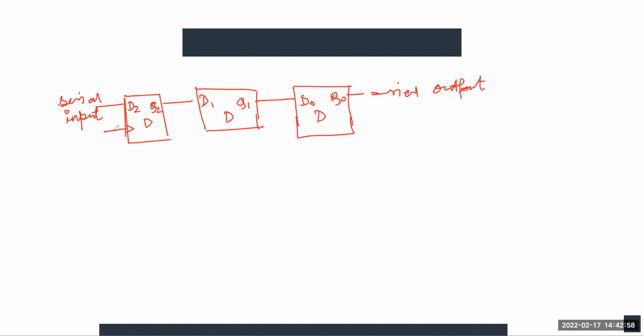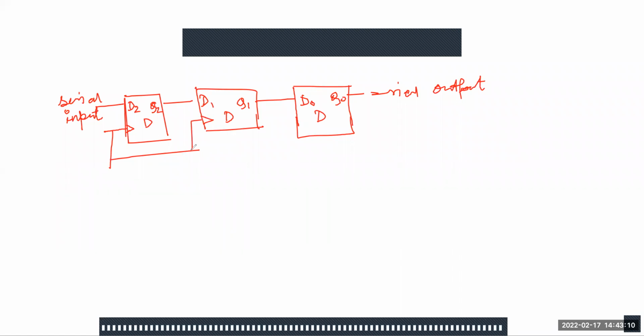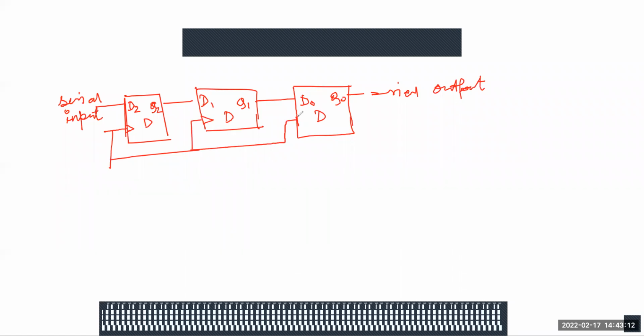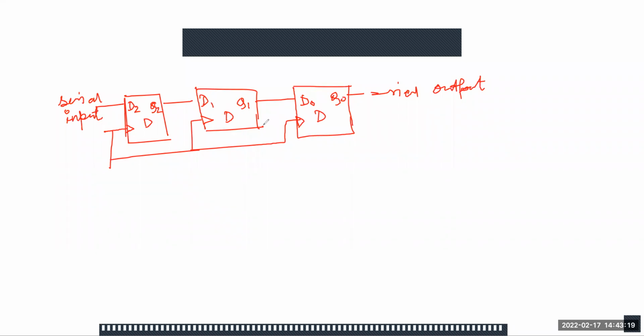So this is the clock. Actually, this is a block diagram of the serial in, serial out shift register, the block diagram of a 3-bit SISO shift register.